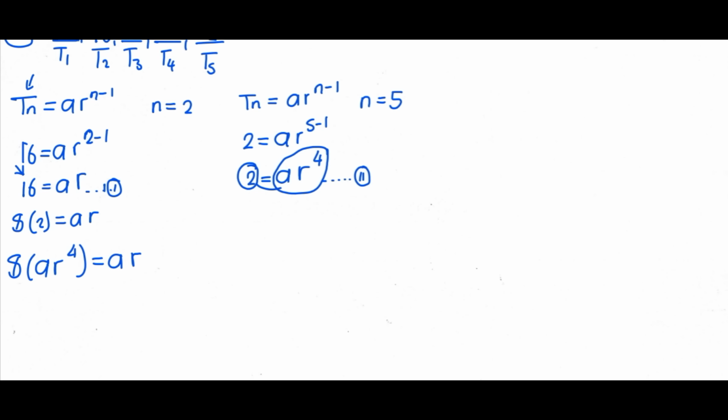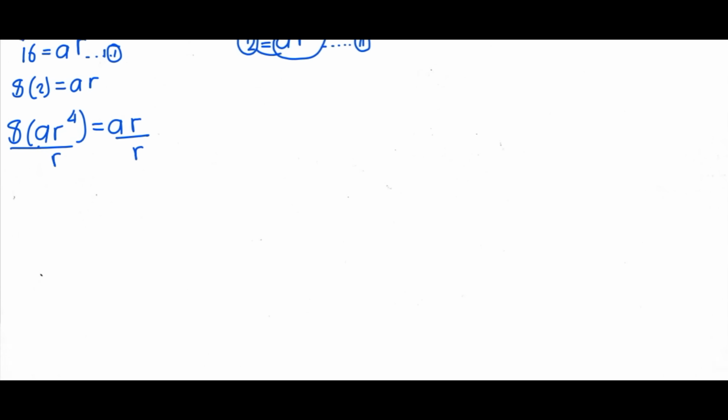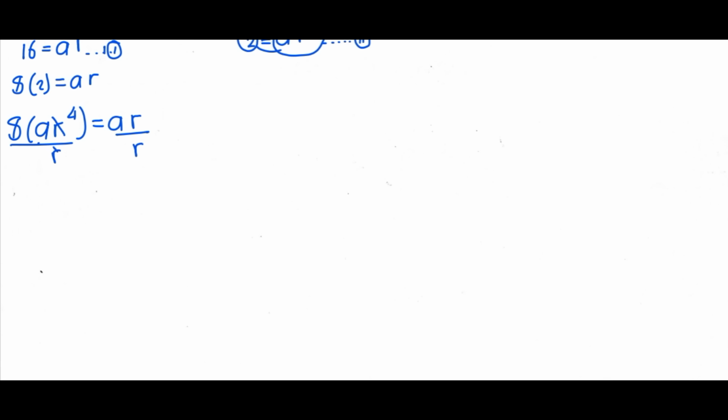Then upon reaching here, what are we going to do? First let's divide by R, also here by R. So we can cancel R here. We have 8 R to the power 3, where 1 R has been cancelled.